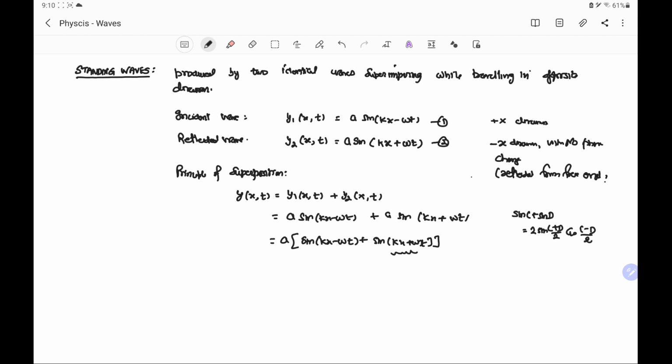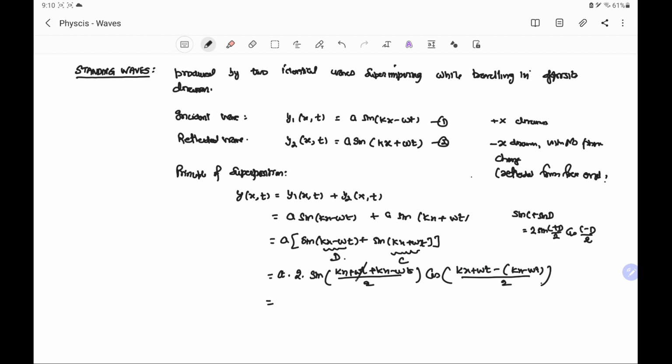Here we consider kx plus omega t as C and kx minus omega t as D. So on solving, we will have a into 2 sin of ((kx plus omega t) plus (kx minus omega t))/2, and cos of ((kx plus omega t) minus (kx minus omega t))/2.